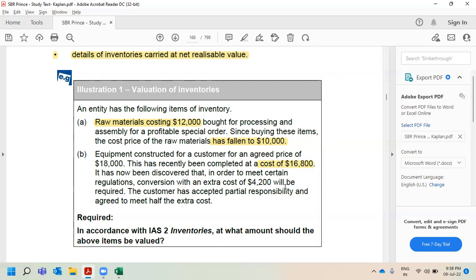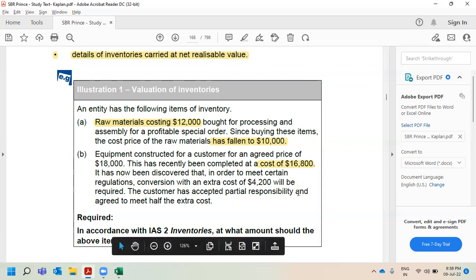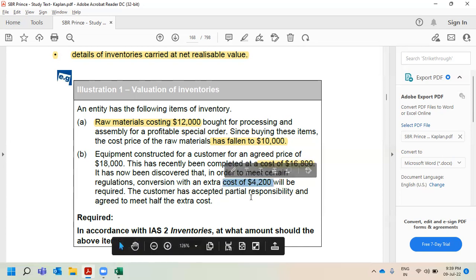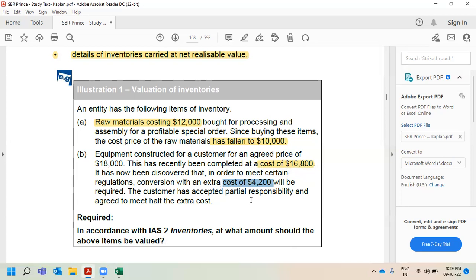The customer has later informed us that we need some extra flavor in our 100 glasses of mango juice. We communicated to the customer that to get the extra flavor, I have to incur 4,200 rupees, but we will suffer this equally.